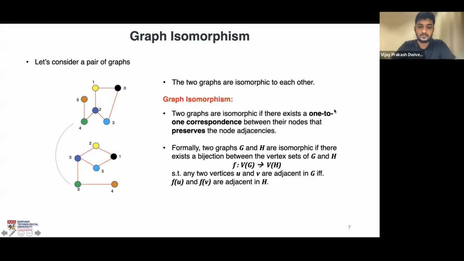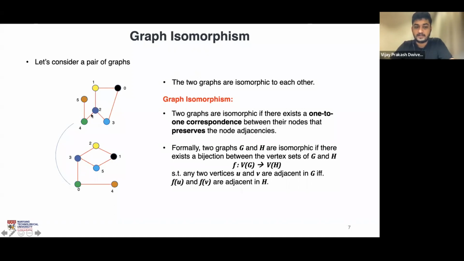So graph isomorphism: two graphs are isomorphic to each other if there exists a one-to-one correspondence between the nodes such that it preserves the node adjacencies, as we see from this example. Formally defining, two graphs are isomorphic if there exists a bijection between the vertex sets of the two graphs. The bijection means the one-to-one correspondence, such that any two vertices U and V are adjacent in G if and only if their correspondences are adjacent in the next graph.